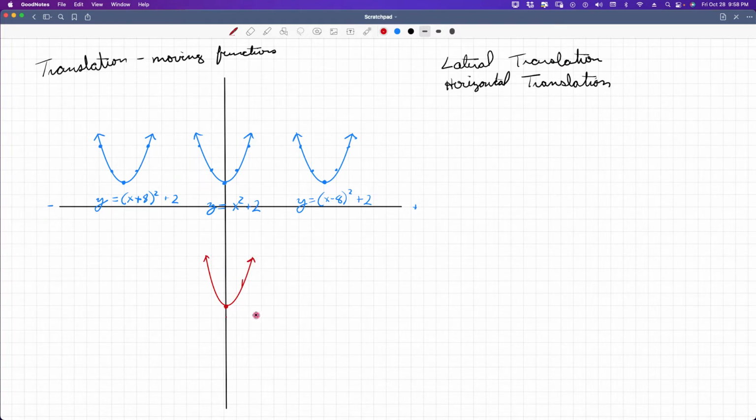And this guy is going to be, I'm going to erase this little bit. We'll just pretend he's separate. This little guy here is y is equal to x squared plus 2. We'll pretend he is on the positive 2 line.